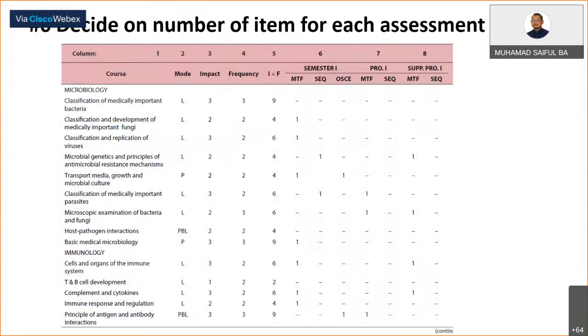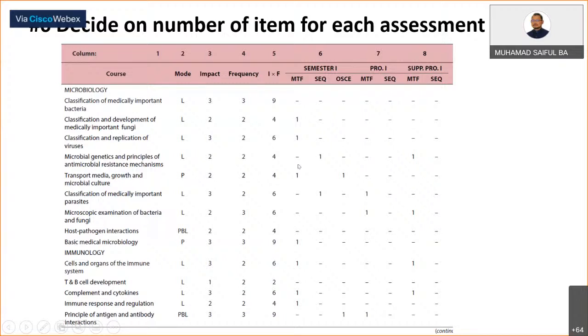After that, we map to a certain level. For example, multiple true false here is from this topic, classification and development of medically important fungi. These questions will be developed based on this topic, and the learning outcome will be at C1 and C2, recall and understand only. And so on.